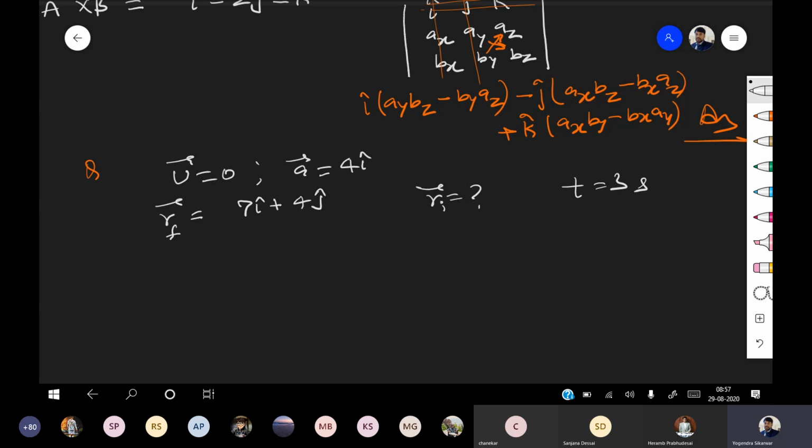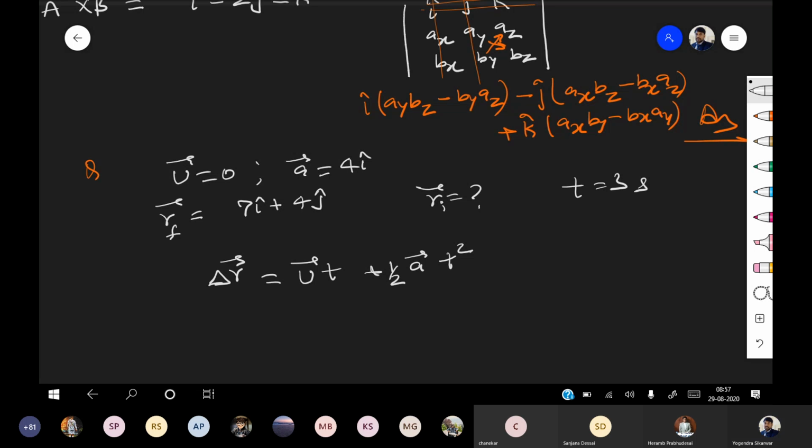Now pay attention. Delta r is displacement, and that is equal to ut plus half at square.